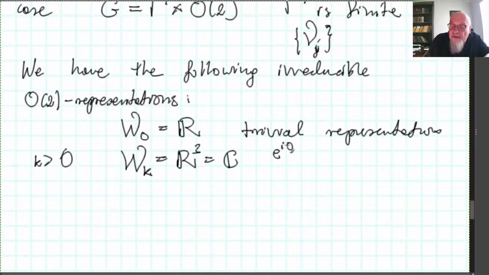You have here two types of elements: e^{iθ}, those are the rotations, and we have here e^{iθ} kappa, those are reflections.